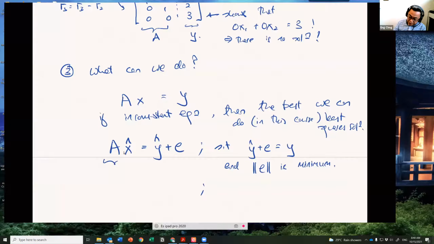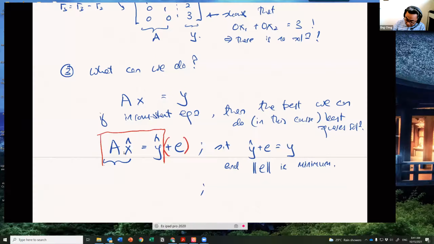Now, if you look at this very carefully, what is the interpretation of this? I don't want to confuse you first, so we're only trying to do this: Ax hat equals y hat.